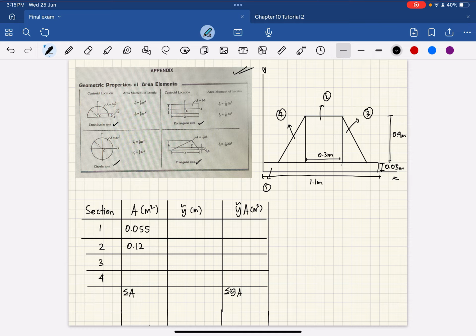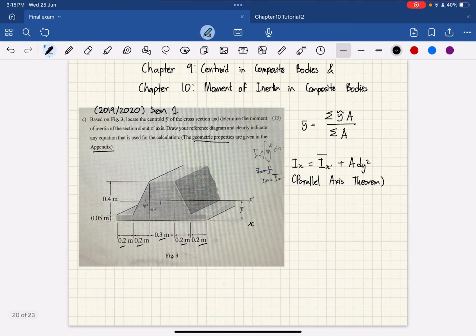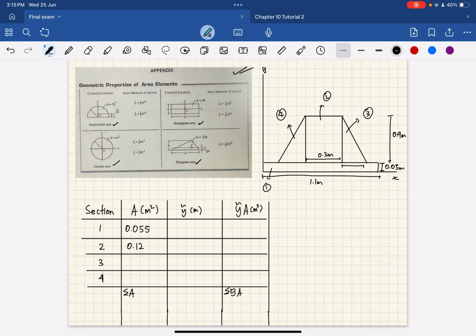Section 3, I think this is 0.2 meters, a right angle triangle. The same also for section 4, so they're both the same shape. So the area should be pretty straightforward. It's just half times 0.3 times 0.2. Let me just make sure, right? So it's 0.04.